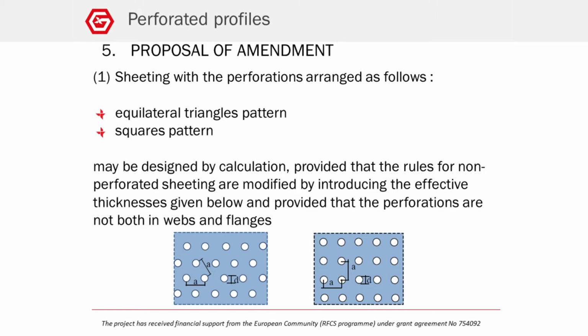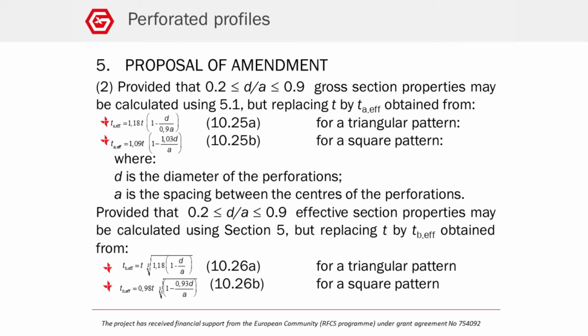The amendment specifies that both sheeting with perforations arranged in triangles and perforations arranged in squares may be designed by calculation on condition that the rules for non-perforated sheeting are modified by introducing the respective effective thicknesses. For gross section and for effective section, the formulas for triangular pattern are the current formulas from Eurocode 313, whereas the formulas for square pattern are adapted.